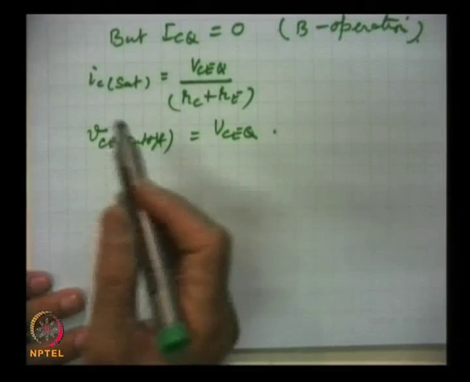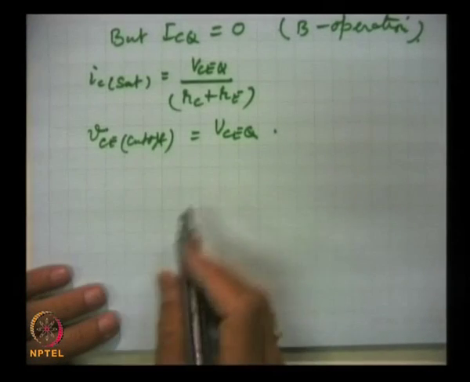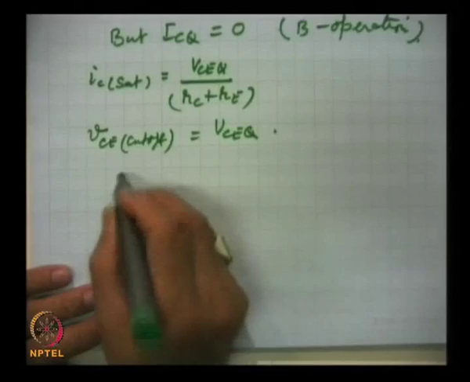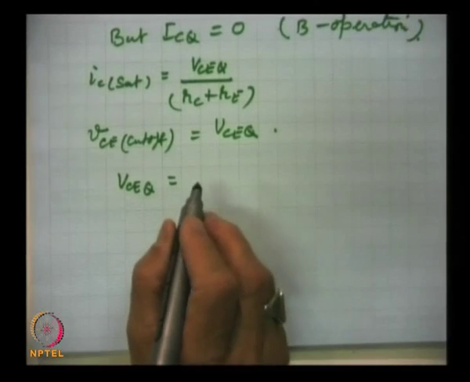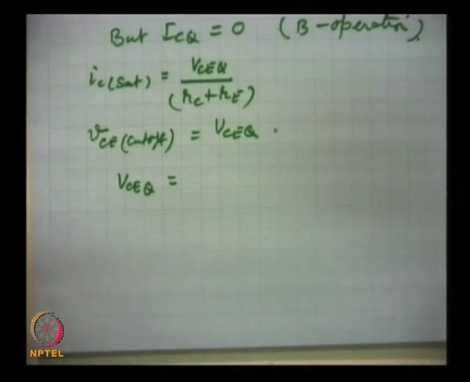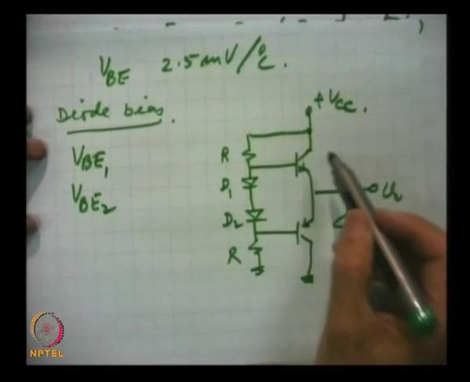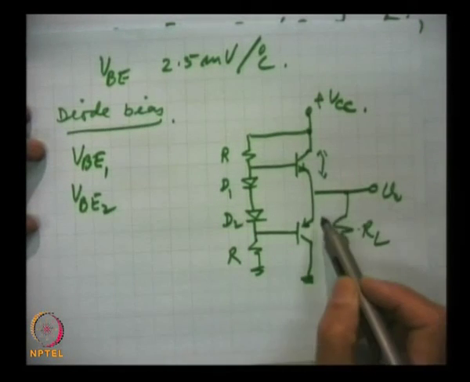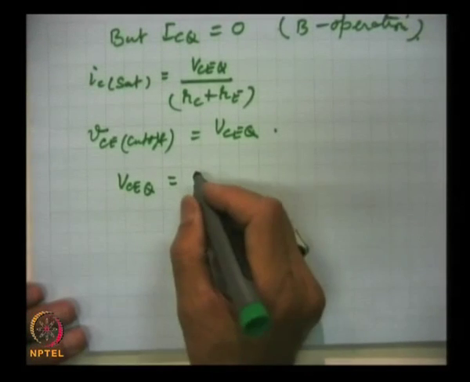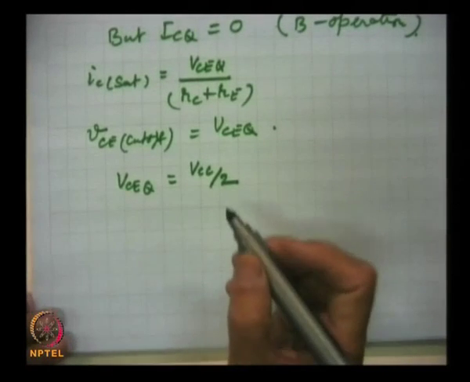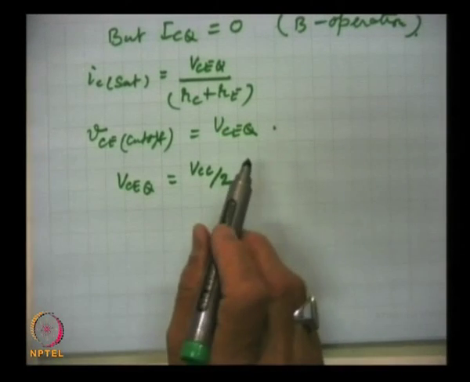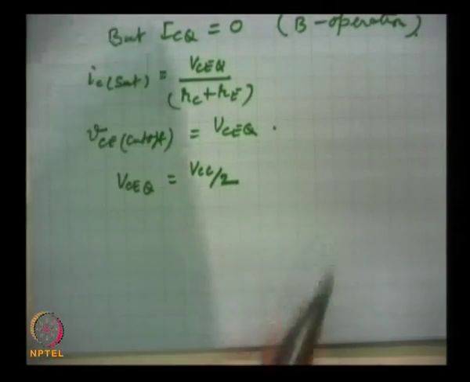Further, as earlier we have shown, VCEQ is equal to VCC by 2, because the total voltage VCC which we are applying, half appears here and half appears here. This is when we use a single voltage source.